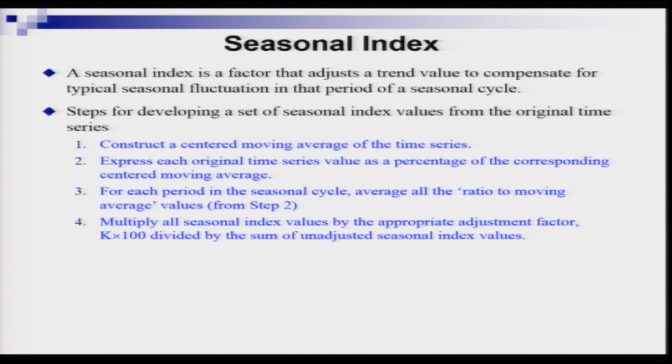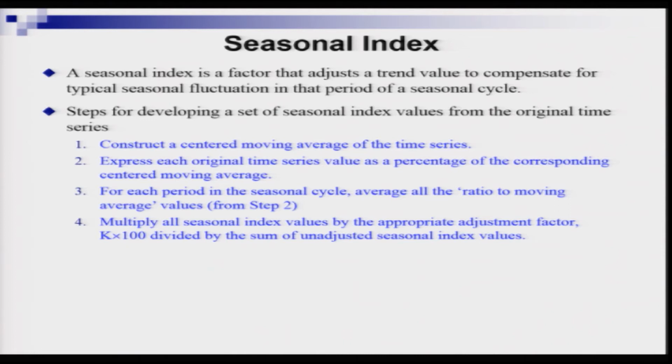So, first you have to construct a centered moving average of the time series data, and again the choice of k is arbitrary. So, if you are dealing with quarterly time series data, feel free to take a value of k equal to 4. If you are dealing with monthly time series data, then probably you will start with k equal to 12.